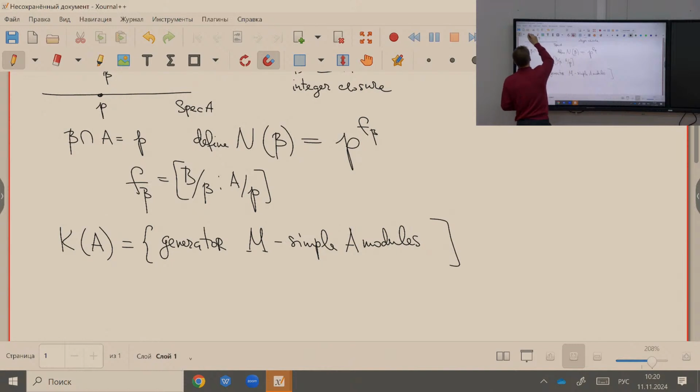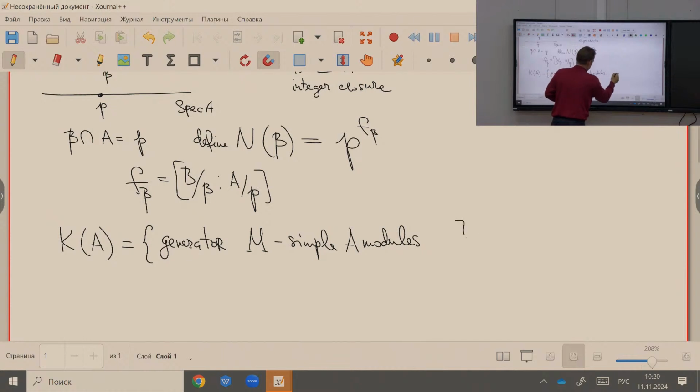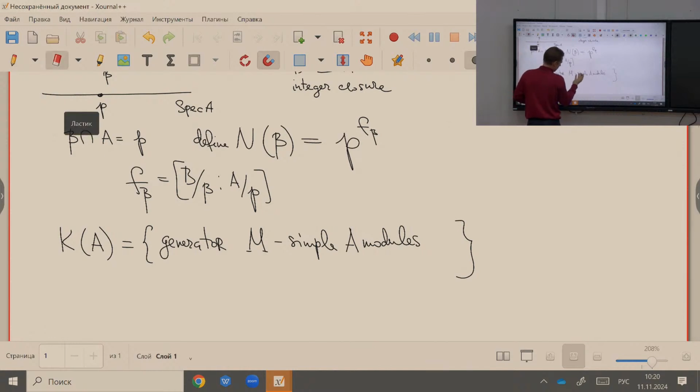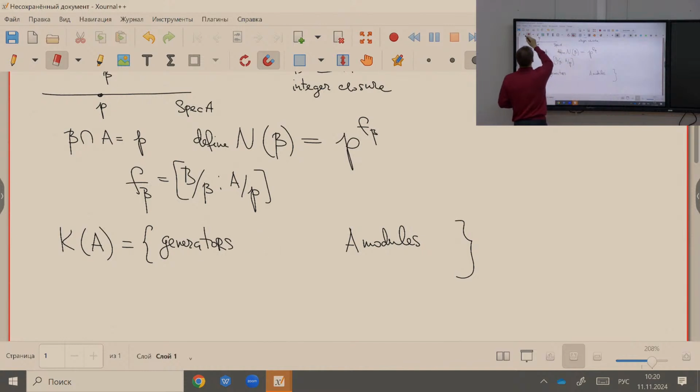And relations are defined the following way. Maybe the generators are arbitrary modules, just the modules, and the relations are the following.